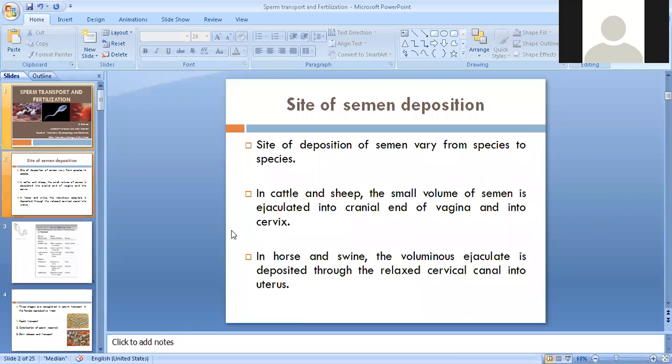Like in cattle and sheep, the semen volume is small and is ejaculated into the cranial end of the vagina as well as the posterior end of the cervix. While in horse and swine, as the volume of the ejaculate is more, it is deposited through the relaxed cervical canal into the uterus.